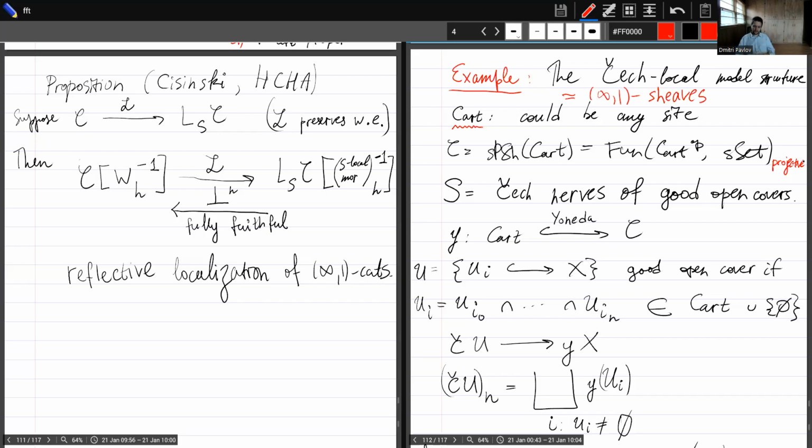And the set of morphisms S will consist of Čech nerves of good open covers. And previously, maybe 4 or 5 lectures ago, we saw how the Čech nerve construction works for presheaves of groupoids. Now we will replicate this for simplicial sets, and it will be more general for that reason.